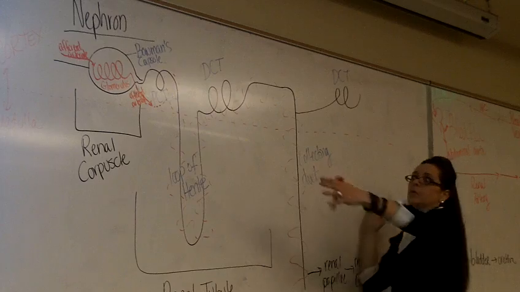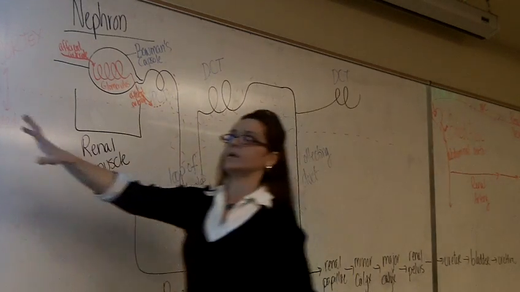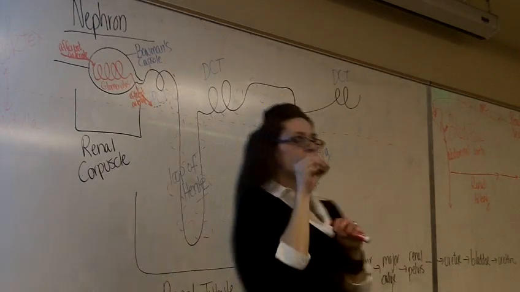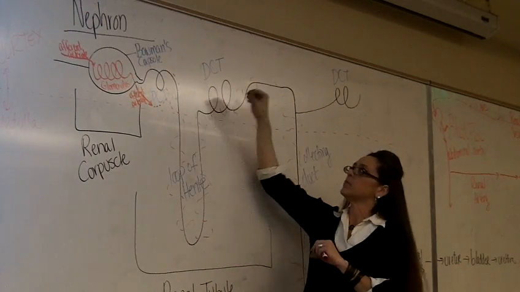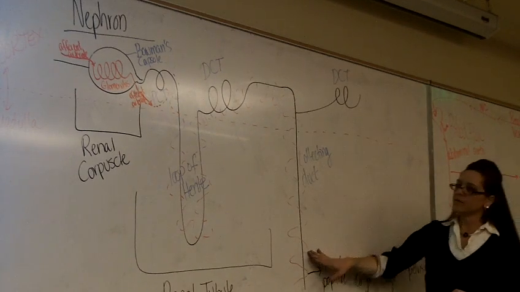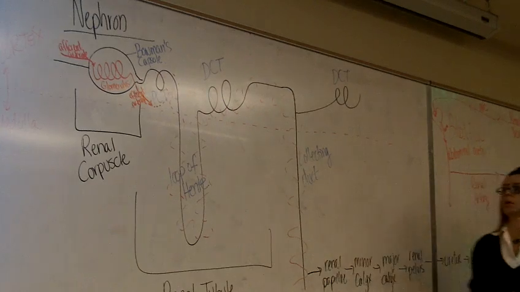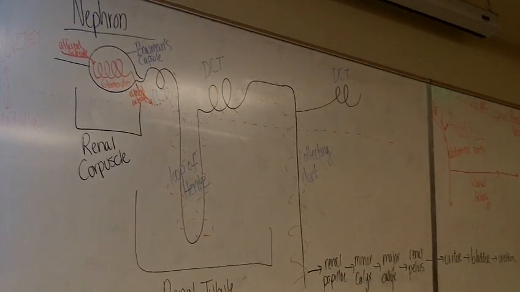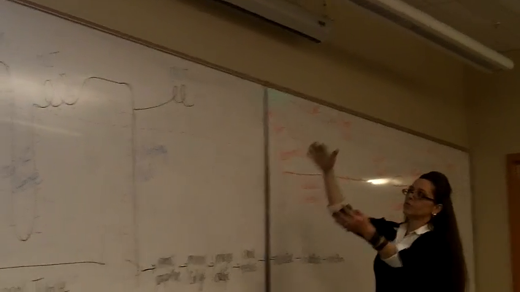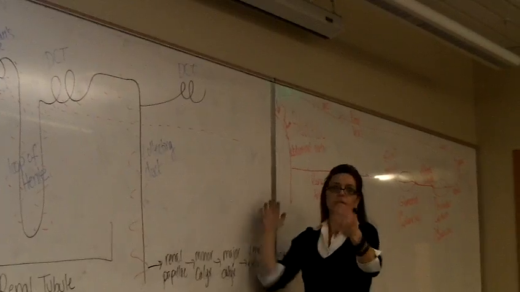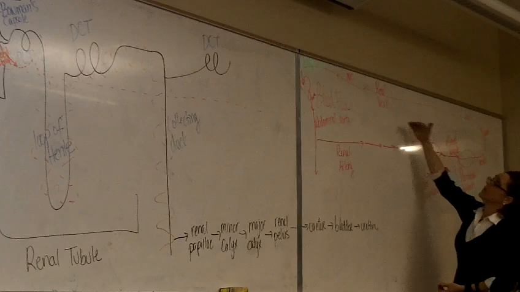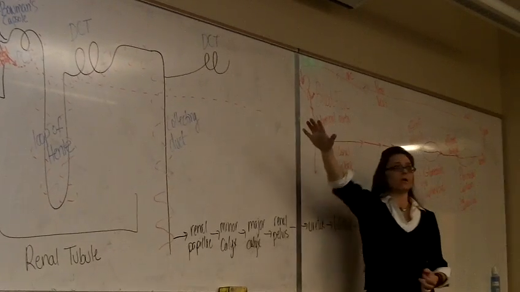Now it looks big here, but remember there's 1.5 million of these in the kidneys, so it's really not taking up very much space. Blood leaving these peritubular capillaries would then flow into venules. So you're going to have venules from different nephrons collecting blood, and then eventually all that blood will go into the renal vein and then out it goes.